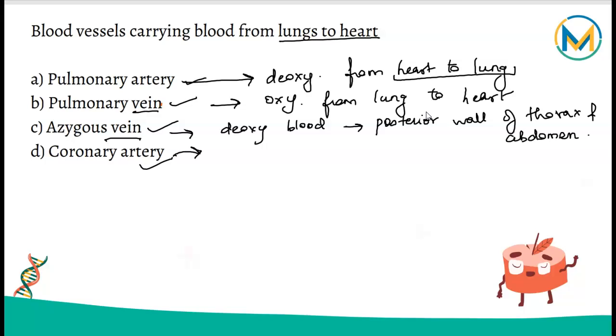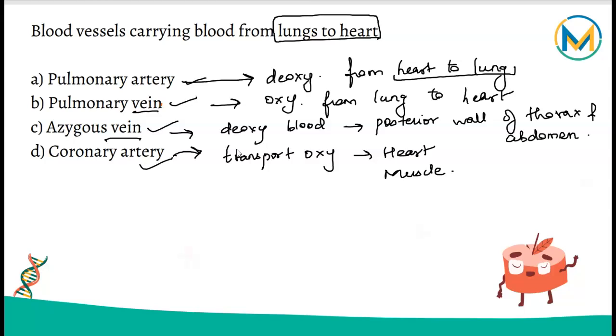The heart is pumping blood to all the other parts, but the heart itself needs blood as well. So it transports oxygenated blood to the heart muscles. So the question is: blood vessel that carries blood from lungs to heart. The exact answer is B, pulmonary vein, which carries oxygenated blood from lungs to the heart.